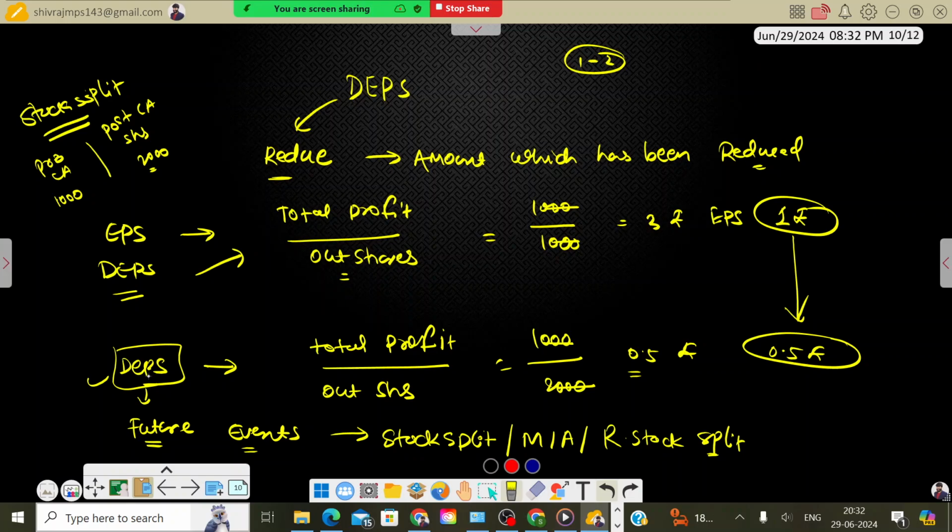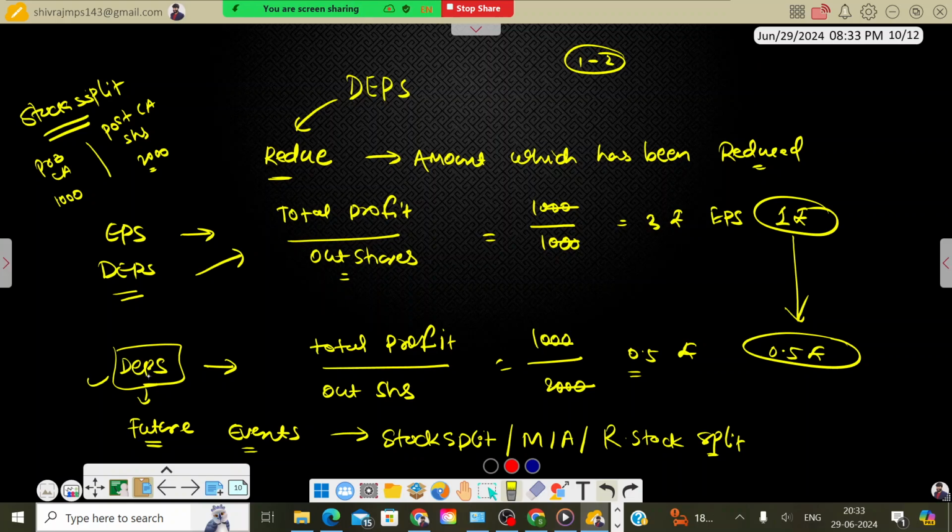It means your DPS, in 99% of cases, your EPS and DPS both would be the same. In an exception case where a company has a plan to split its stocks, your DPS and EPS would be different, but in 99.99% of cases DPS would be reduced, right?